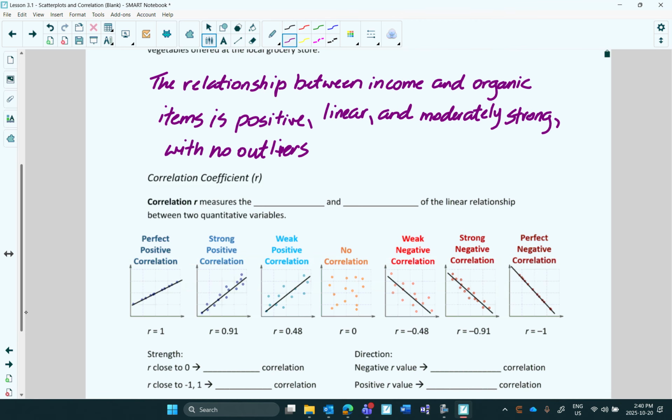Okay, so how do we measure correlation? We talk about something called the correlation coefficient, and we use a lowercase r. What it does is measure the strength and direction.